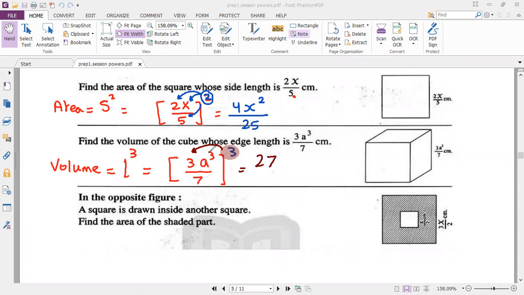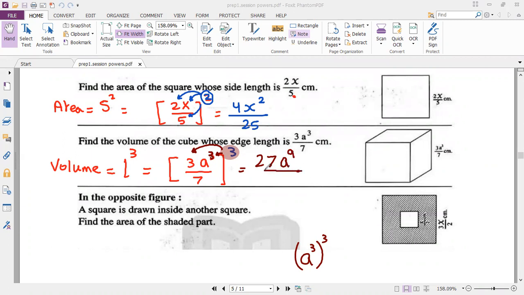And a raised to the power of 3, all raised to the power of 3. If you have two powers, write the base as it is, a, and multiply powers. 3 times 3 equals 9.